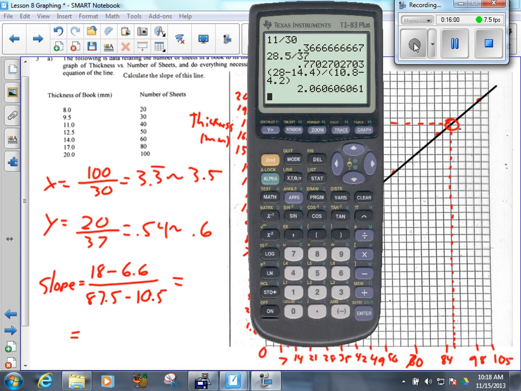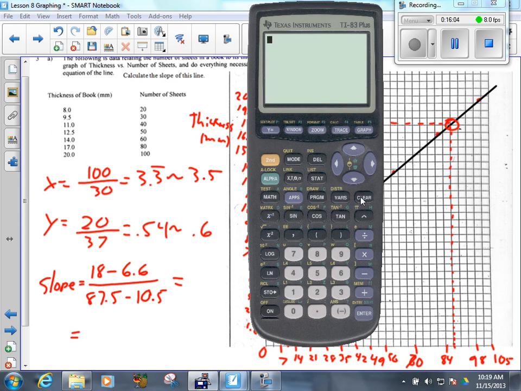Okay, you can check this when you get to this point, but I'll get you the slope here for the third one so you can compare your numbers as well. So we'll have 18 minus 6.6.